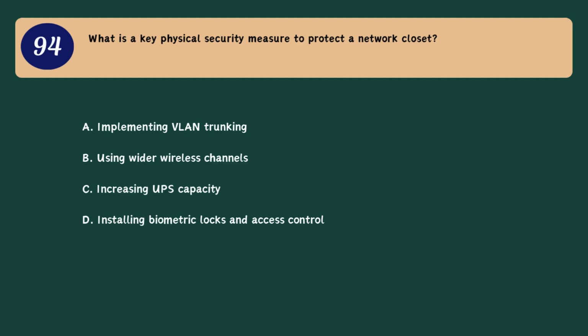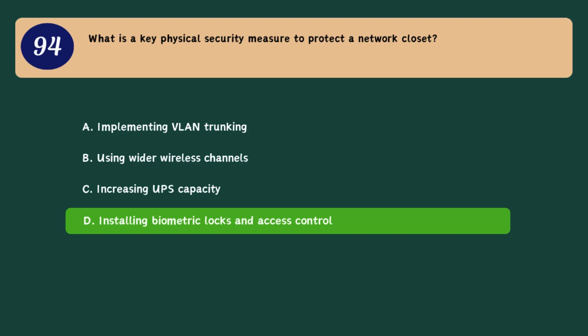Question 94. What is a key physical security measure to protect a network closet? A. Implementing VLAN trunking. B. Using wider wireless channels. C. Increasing UPS capacity. D. Installing biometric locks and access control. Correct answer.